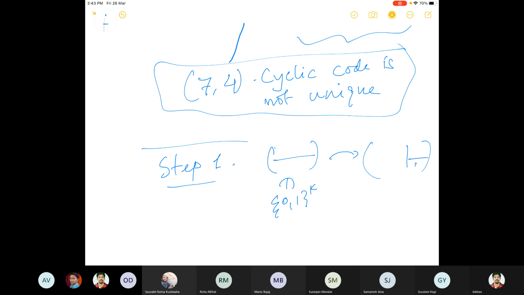Earlier we have seen that these bits are information bits, meaning whatever you have here you will put directly here, and this part is the parity check. Now the question is, if I give you u, how do you construct the parity check part? Can we have an interpretation of a cyclic code in terms of the generator and parity check matrix, or in terms of parity check digits?